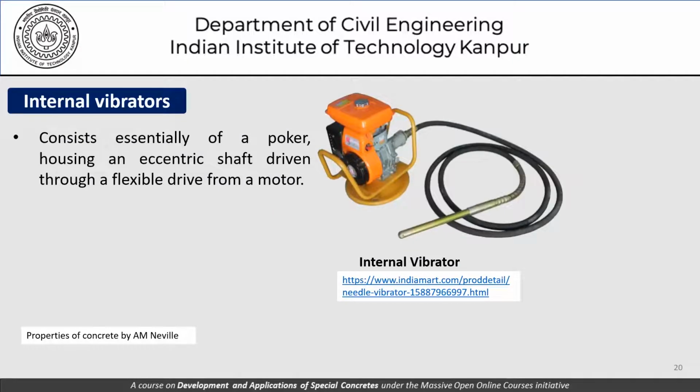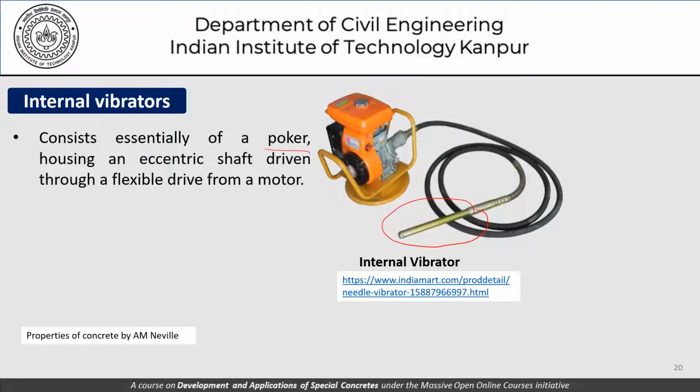Coming to the first of these mechanical systems for vibration of concrete, we are showing here the internal vibrator. That's the most commonly used vibrating equipment at a construction site and consists of a poker, the needle. This poker houses an eccentric shaft driven through a flexible drive from a motor.